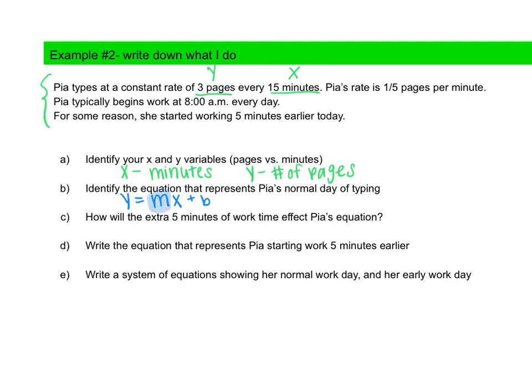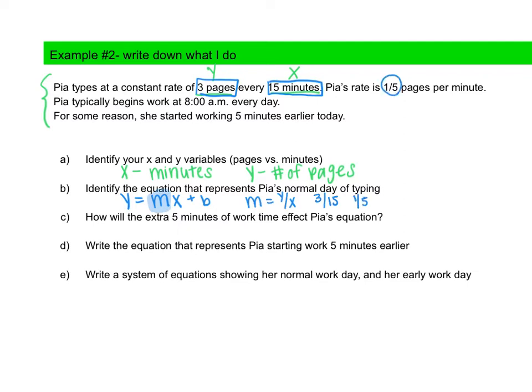What's the rate that she typed at? Remember, we find m by doing y divided by x. So what was her y? Well, she did 3 pages, so this is going to be 3 divided by 15 minutes. That was her x, y divided by x. So 3/15 is her rate. We know that that can reduce, and this reduces to 1/5.